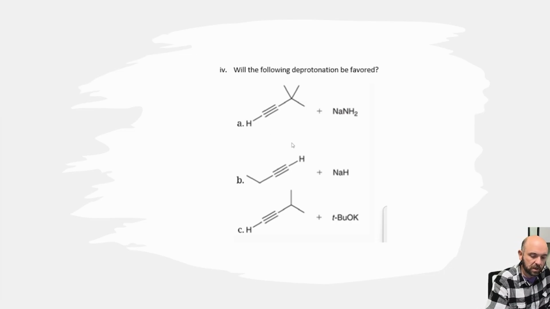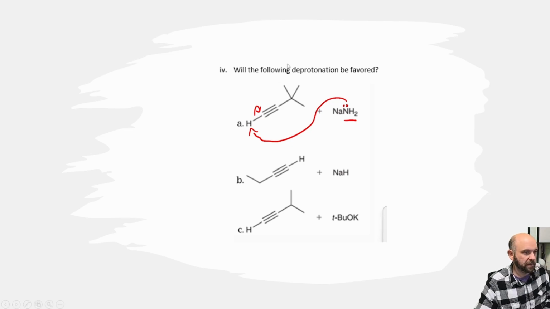And so in both of these cases, A and B, we would see that the NH2 ion specifically would be able to deprotonate that hydrogen, and the two electrons would be donated there in that case, forming an acetylide ion.